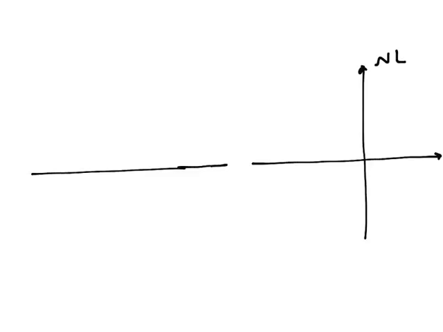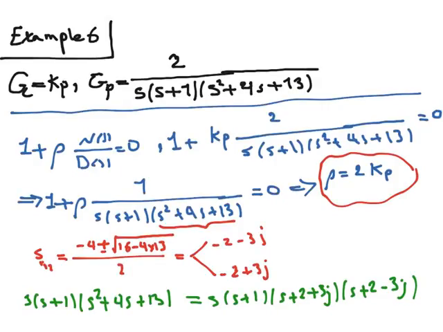So again we will draw the root locus both for negative values of KP and for positive values of KP in these graphs. We have 4 poles for the system, so n is equal to 4. M is equal to 0 because we don't have any zero, as you can see in the equation.